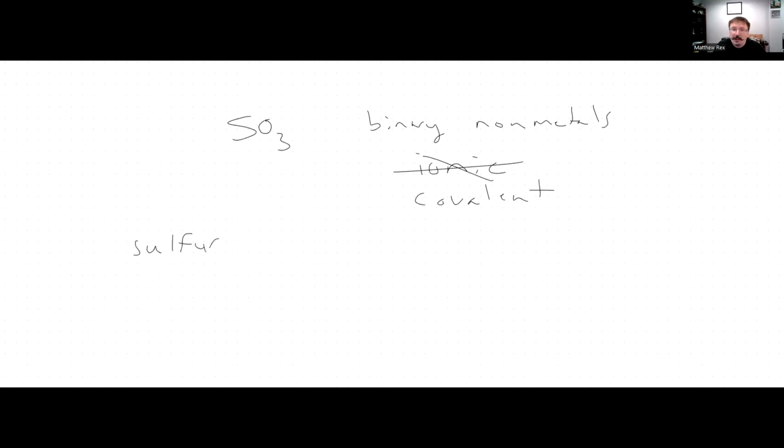There's only one. So we have the prefix mono, but we don't use it for the first element. So instead of calling it monosulfur, we would just call it sulfur. And then the oxygen loses its gen ending and becomes oxide. And then because there's three, we would put the tri prefix in front of that. So it should be sulfur trioxide, or trioxide, sorry.